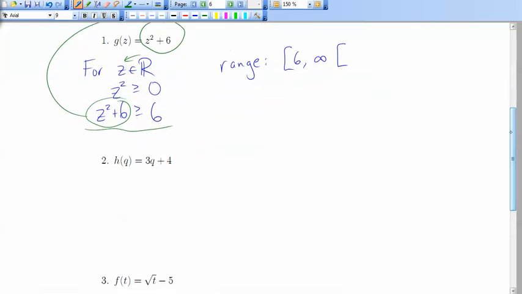Now 3q plus 4, this one is a little bit strange, although if you think about its graph, and we'll talk about those in the next video, it does make a fair bit of sense. Now again, q can be any real number. Okay, we don't have any denominators, we don't have any even roots. If you triple a real number, I really can't say anything about it. You're going to get some other real number.